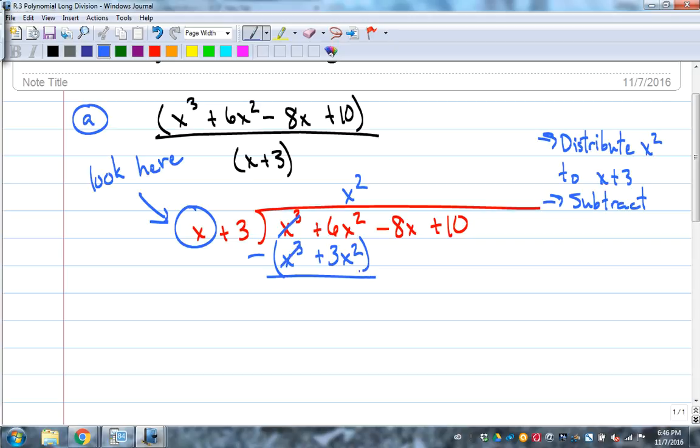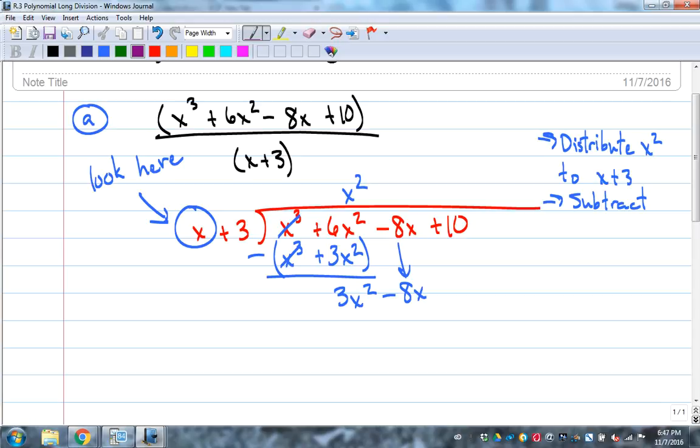Then we have 6x squared minus 3x squared. It's a minus sign out here every time. 6 minus 3 is 3x squared. Then I'm going to bring down the minus 8x. Then I look here again.